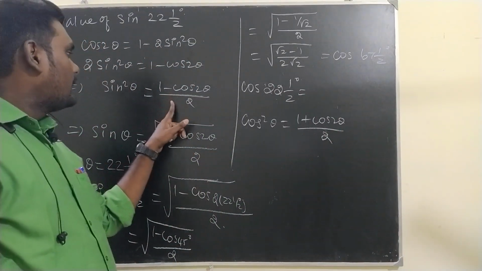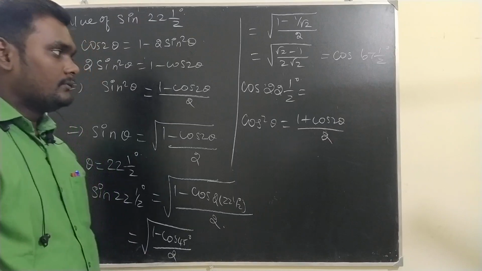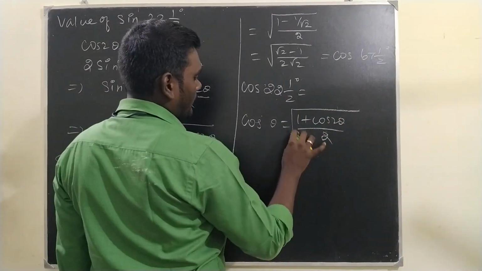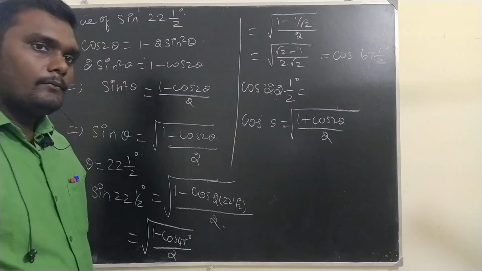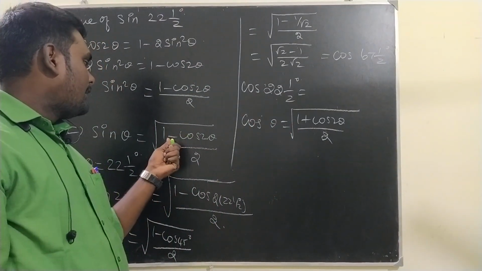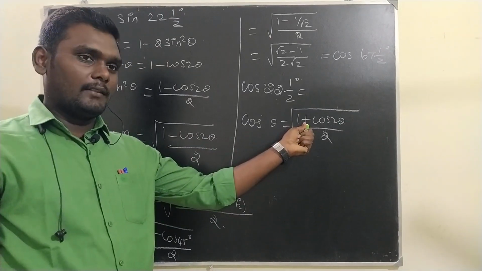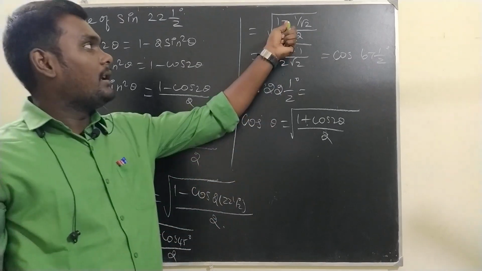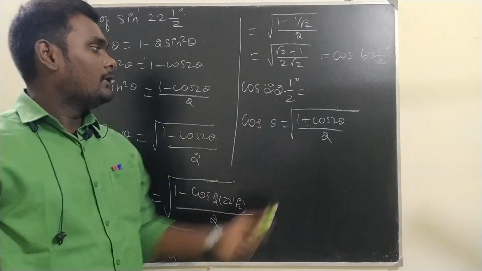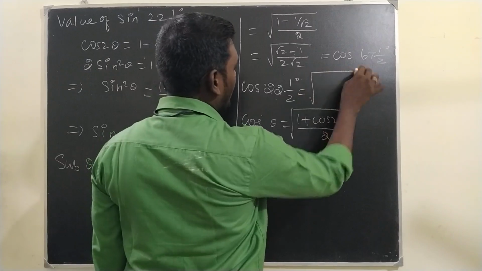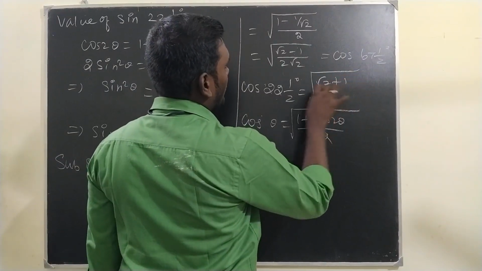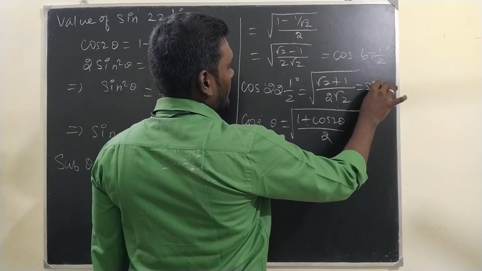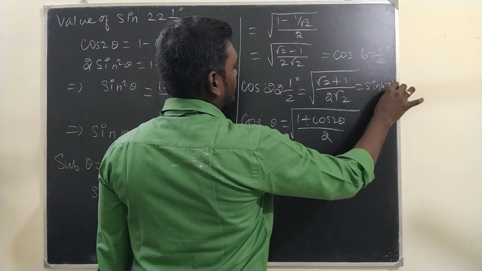What is the difference between this one and that one? Simply instead of minus there, plus is there. So I will be replacing plus here, plus here, plus here. So our finalized answer is square root of root 2 plus 1 by 2 root 2. So is sin 67 and a half.